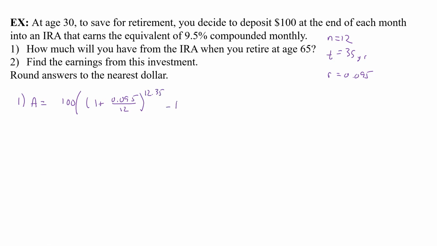Then minus 1, all over 0.095 over 12. That should give us our future value.